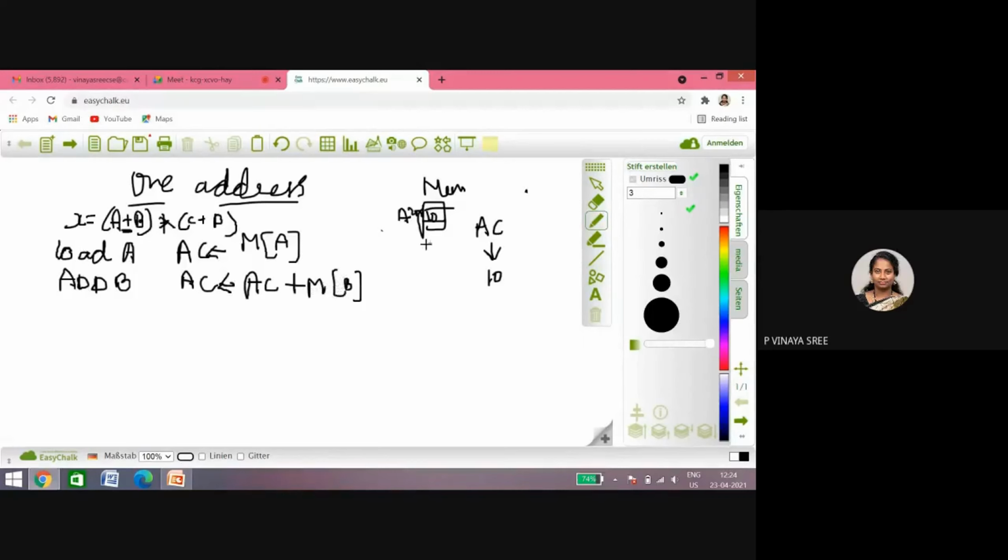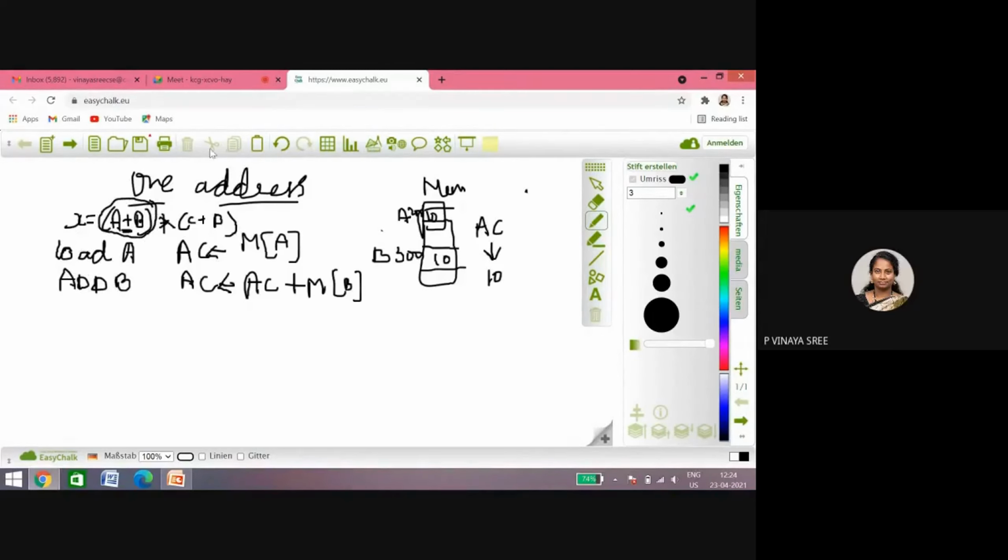We go to the M of b location, let us consider it is 300, and we have a data of 10. This 10 in the memory location of b and the 10 stored in the accumulator while loading are added, and the result is stored back in the accumulator. So this is add b. Next, this is completed.